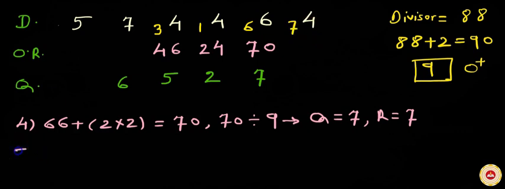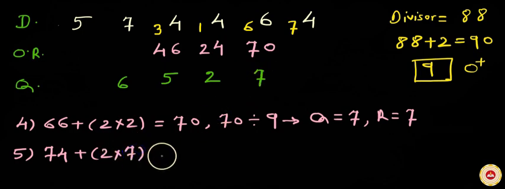Step number 5. To calculate the last osculation number, add to this 74 2 times the last quotient, 7.